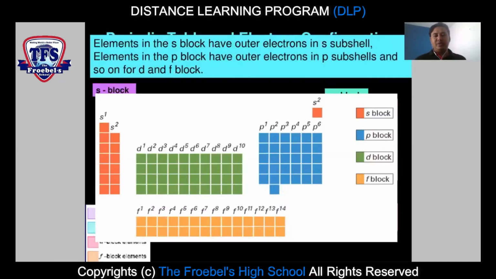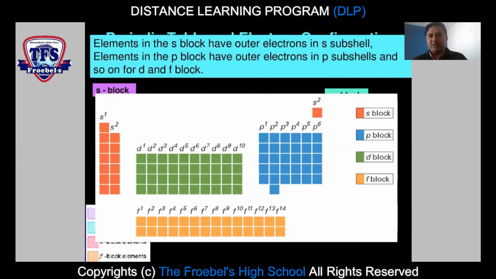So this is exactly the formation of the blocks according to their electronic configuration, which you have already learned in the first year as well: S block, P block, D block, and F block.